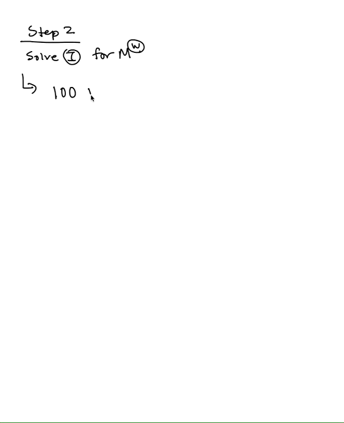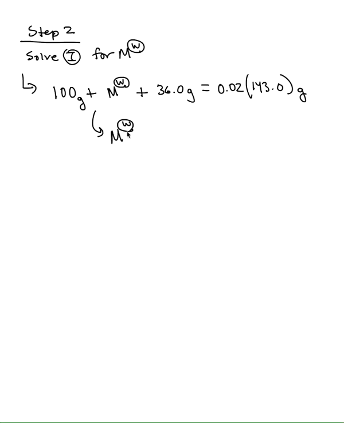Equation 1 is 100 plus the mass of stream W plus the mass of stream B, which we just figured out was 36 grams, and that is equal to 0.02 times the mass of P, which we just figured out is 143 grams. And if you solve this equation, you'll find that the mass of stream W is 7 grams.